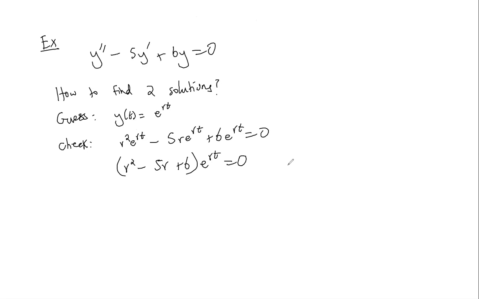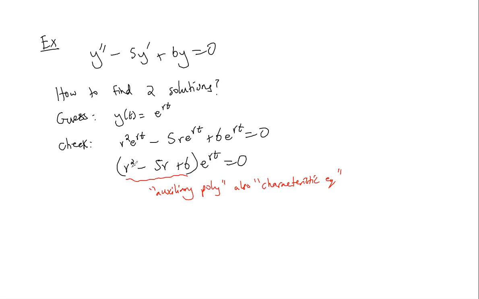We call this the auxiliary polynomial, or also the characteristic equation, because it's very similar to diagonalizing, which we'll see later. It's not too important what we call it.